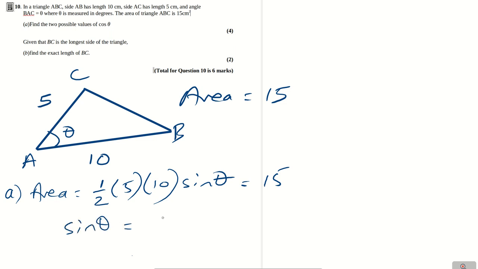Sine theta is going to be 15 times 2 divided by 50, which is 3/5. Now, what you could do, if you had to find the angle, would be to do inverse sine or arc sine of 3/5.